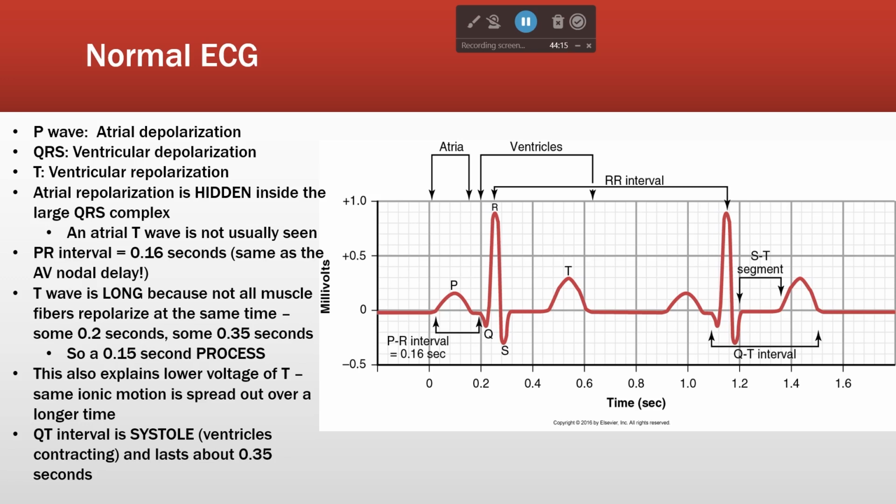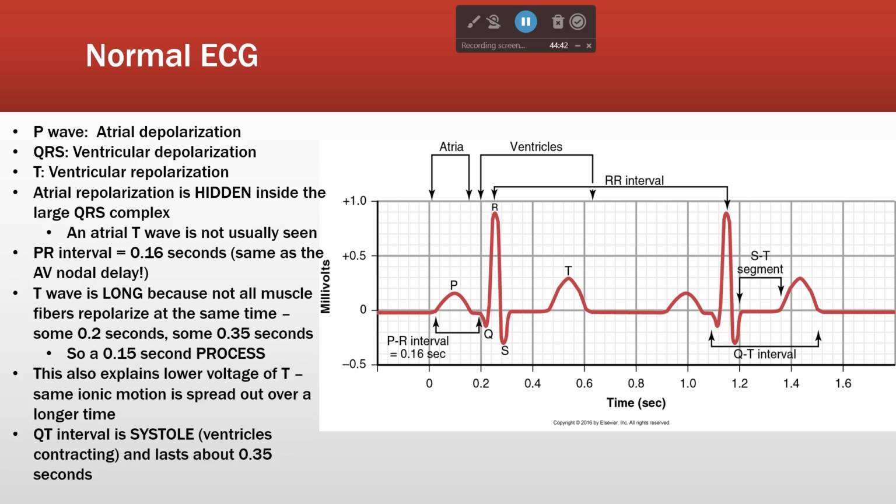The T wave, down here, is longer than the QRS. And it's because depolarization happens faster than repolarization does. Depolarization is the result of that rapid conducting system. Repolarization isn't. There isn't a repolarization signal. Heart cells repolarize on their own.